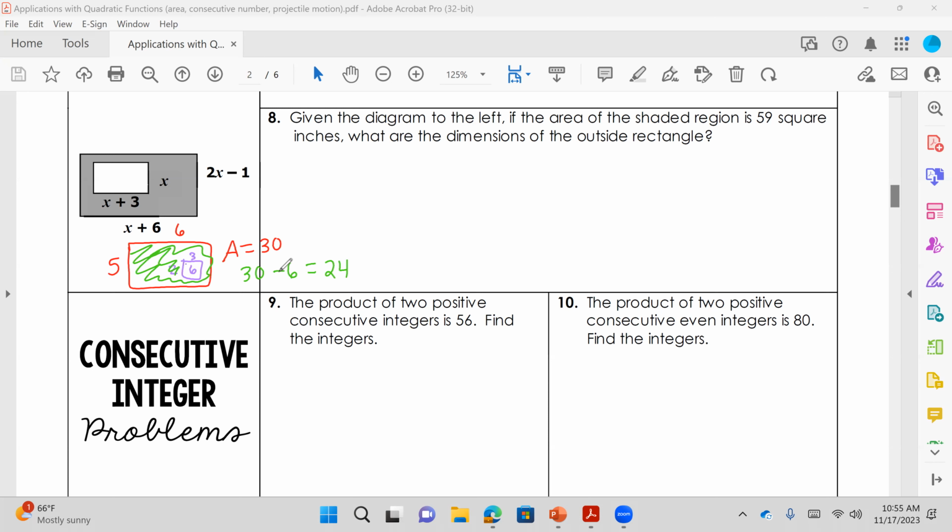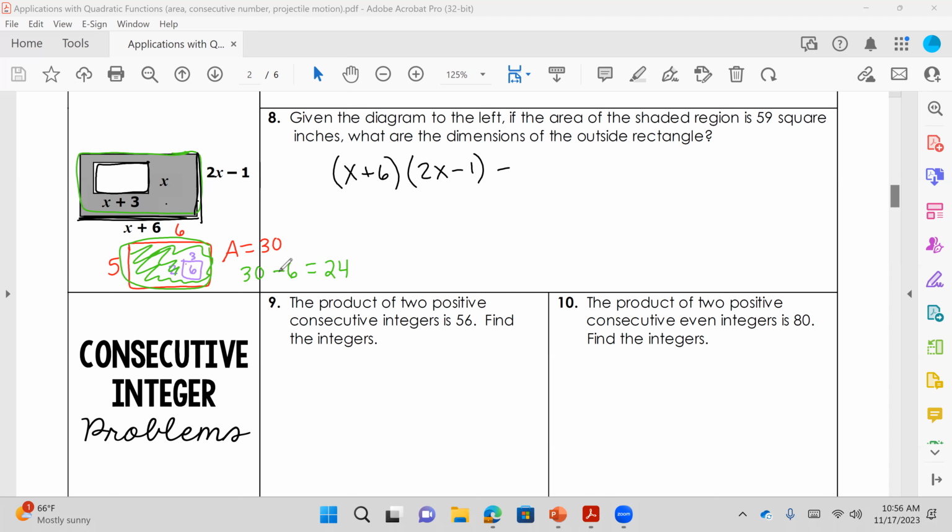Okay, so we're going to use the same concept on this picture up here. The big rectangle, the area would be length times width. So that would be x plus 6 times 2x minus 1. Now, if I want to find the shaded part, I need to subtract the smaller rectangle.